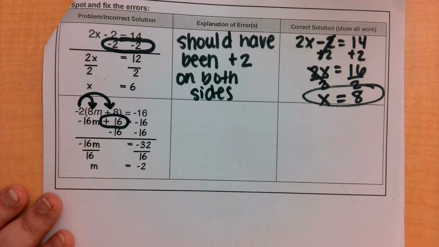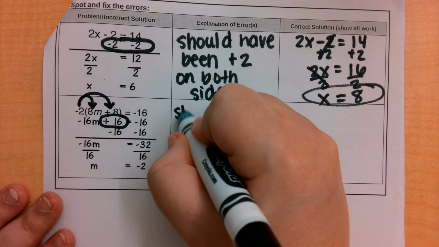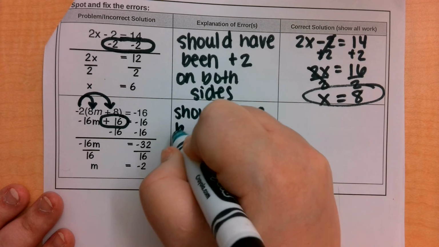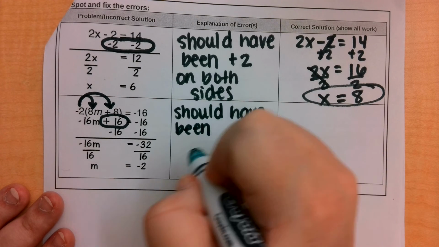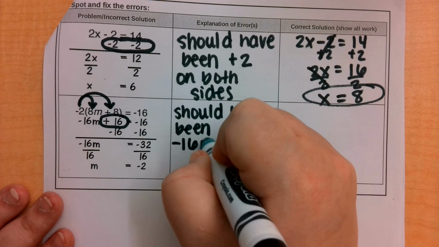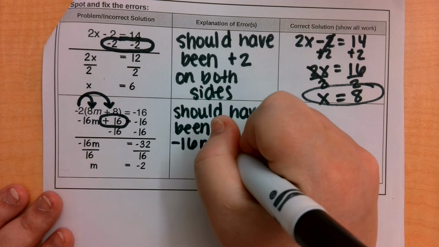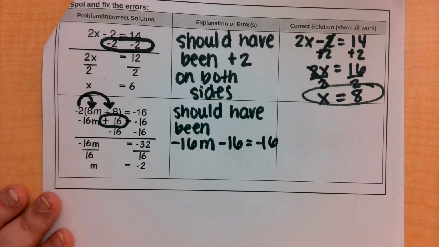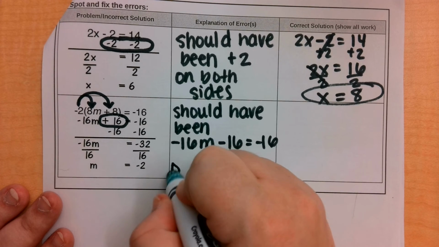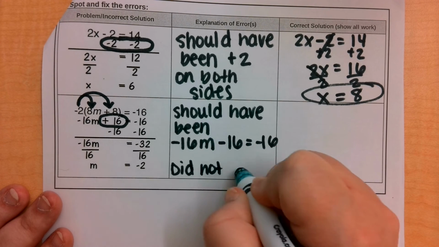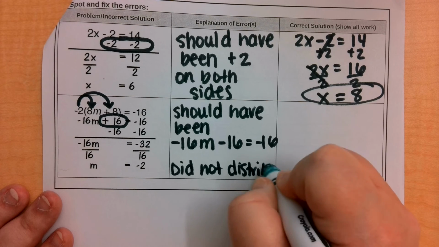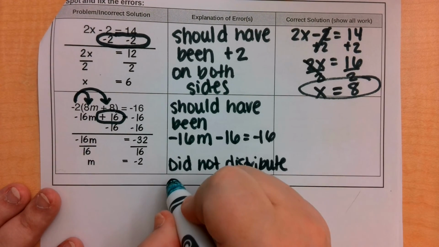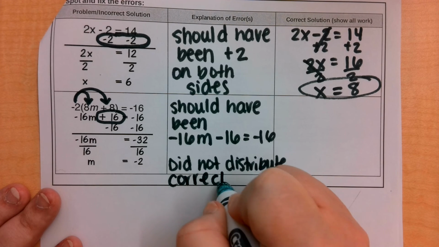Do you know what it should have been? If you said minus 16 equals negative 16, you are correct. So they did not distribute correctly. That's the most common mistake, is when people do not distribute correctly.